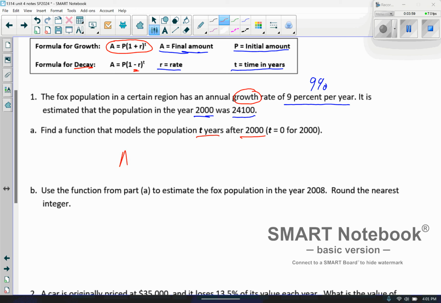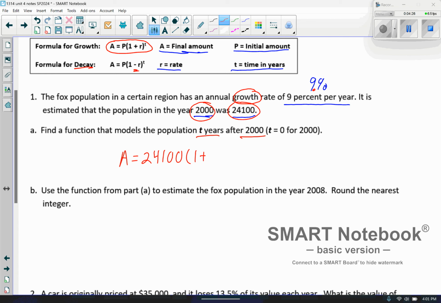So it's going to be A equals the initial population. We're going to start in the year 2000, so it's 24,100 times parentheses 1 plus my rate, which is 9%, but you don't want to plug in a 9 because that would mean the population is going to be 9 times bigger each year.